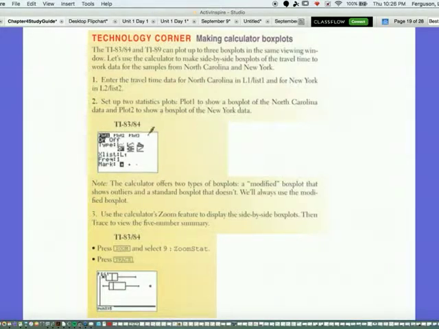You need to make sure that you turn both of those plots on, and the directions for that are here. And then you can compare them from there. Feel free to try this if you have a calculator at home. You can also try this anytime that we're in class, and if you would like me to go over this when we are in class, I would be happy to do that.